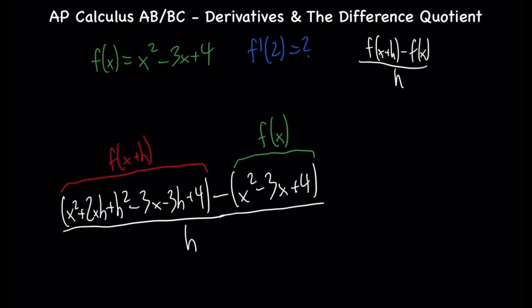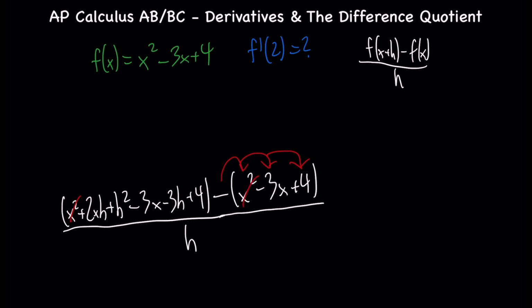So now we can combine like terms in the numerator. You distribute the negative, obviously. X squared minus x squared just cancels out, that's 0. We're left with 2xh, because there isn't another xh in the numerator.